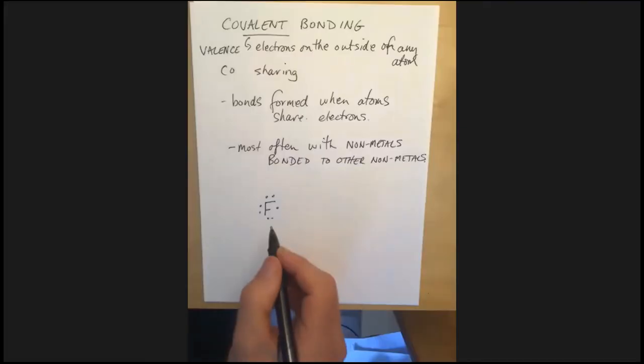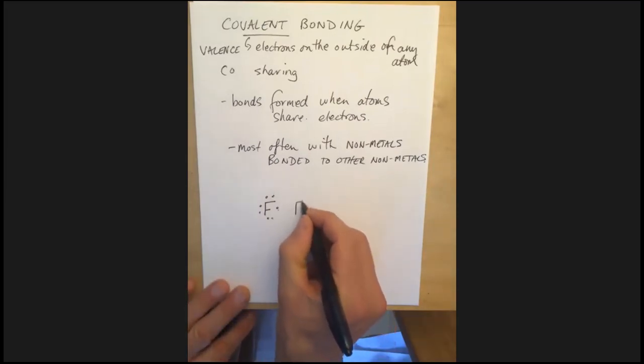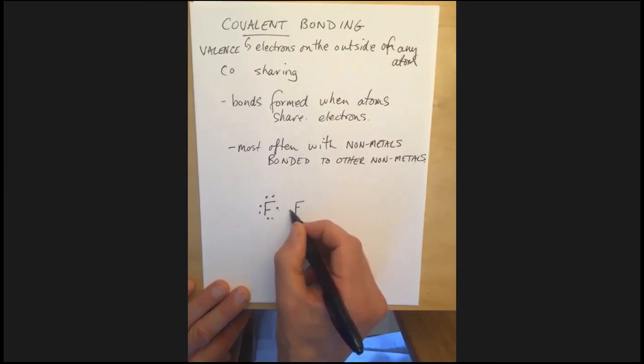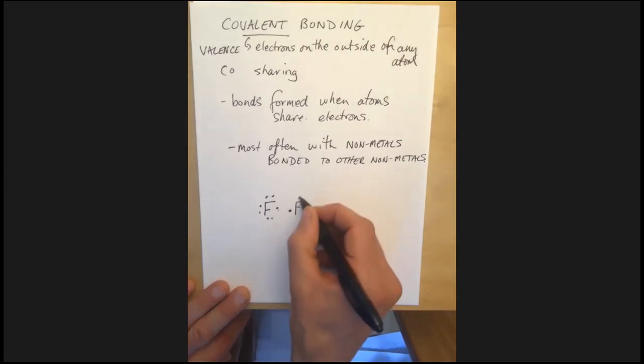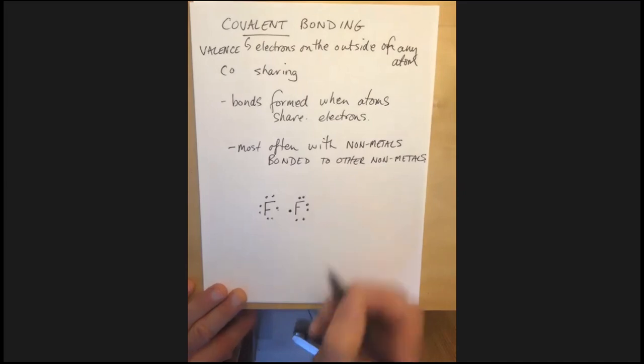So here's the fluorine, 1, 2, 3, 4, 5, 6, 7, and I'm going to draw another fluorine, and I could draw it the exact same way with its lone electron over here, but I'm going to leave its lone electron over on this side. So there's 1, 2, 3, 4, 5, 6, 7.